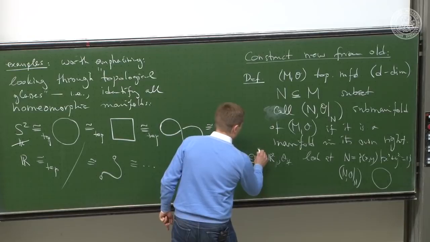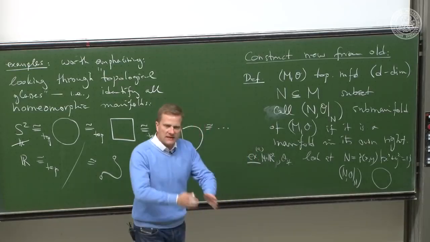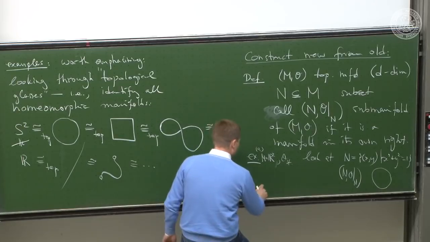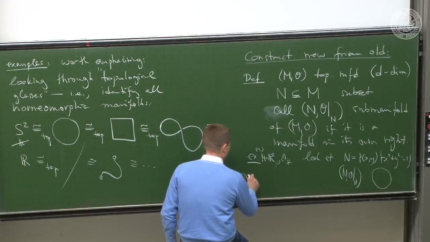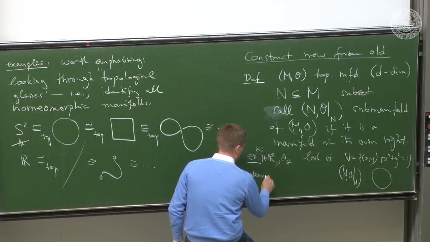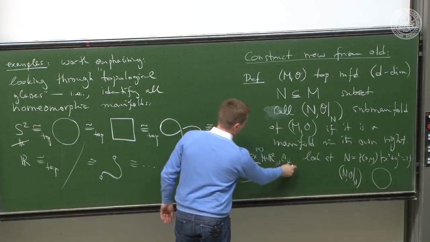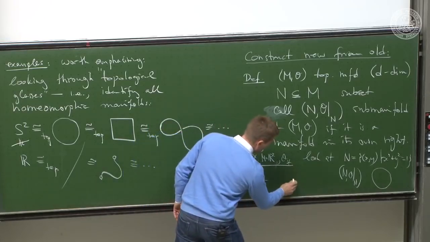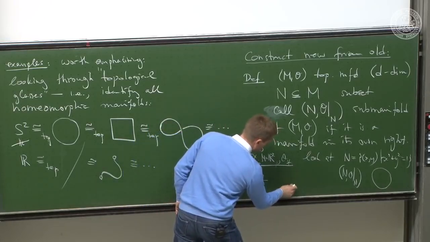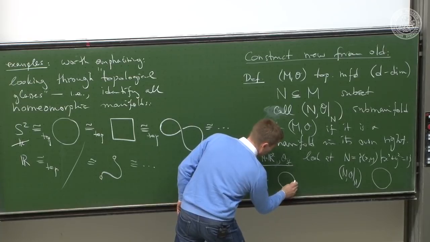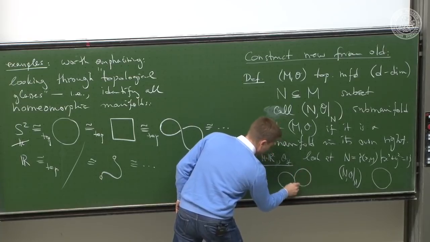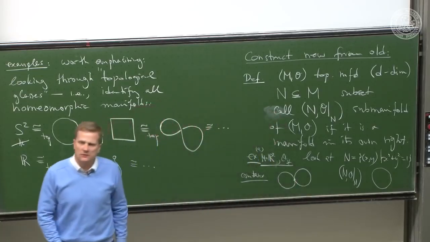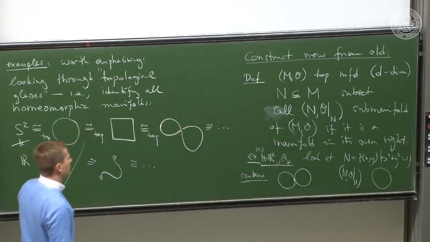You could also look at examples where you take the half space, which would again give you a topological manifold. A counterexample would be to take again R2 with the standard topology and now take this subset: a circle and another circle, and they touch in one point. That's not a submanifold of R2.